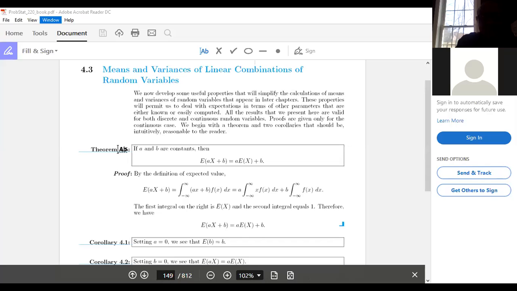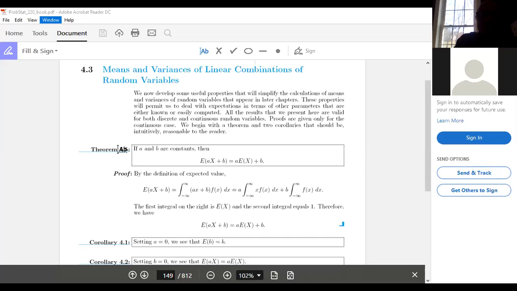Not this one. My book is over here. I want to share my book. Yes. So I think now you can see my screen.